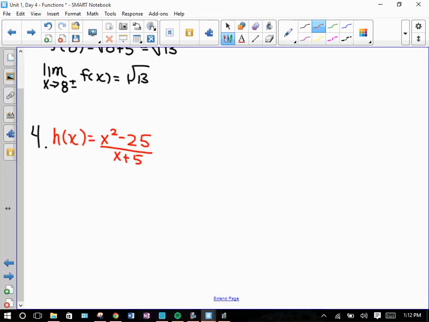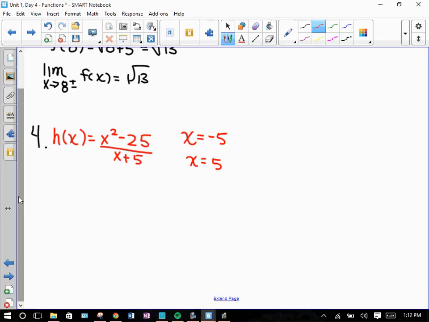Okay, now, and we are looking at the values at x equals -5 and x equals 5. So, x equals -5, x equals 5.